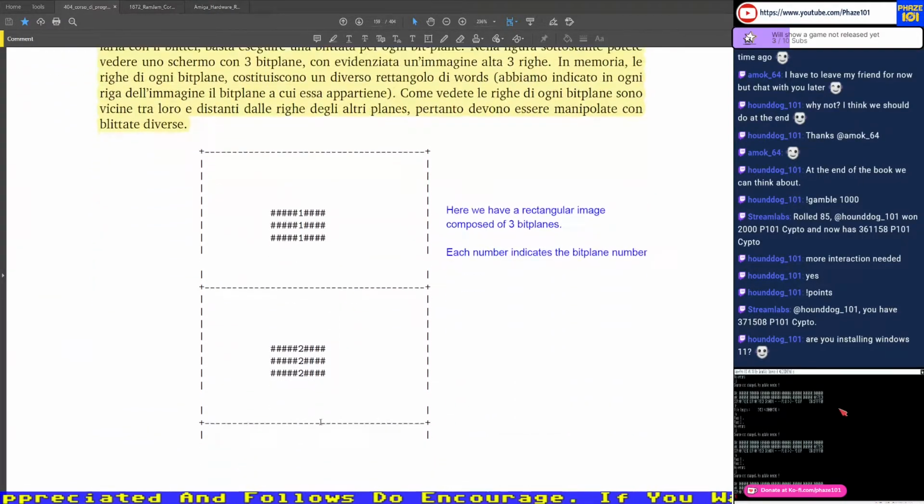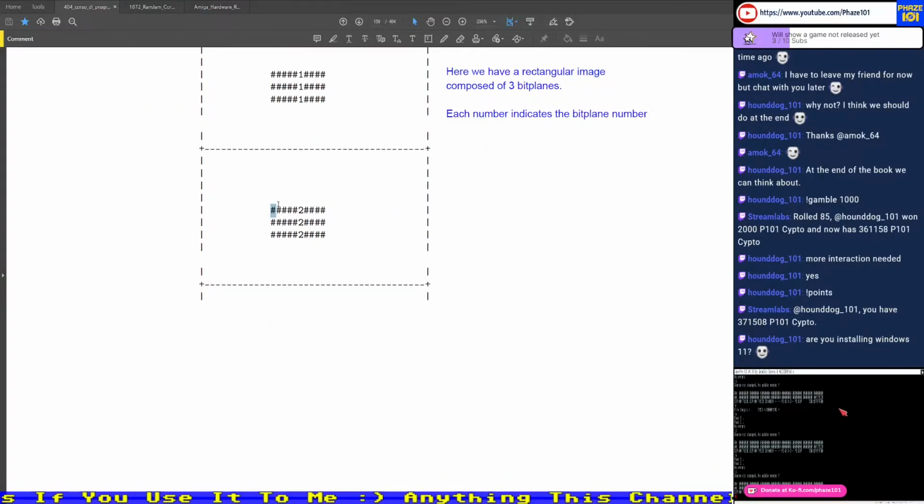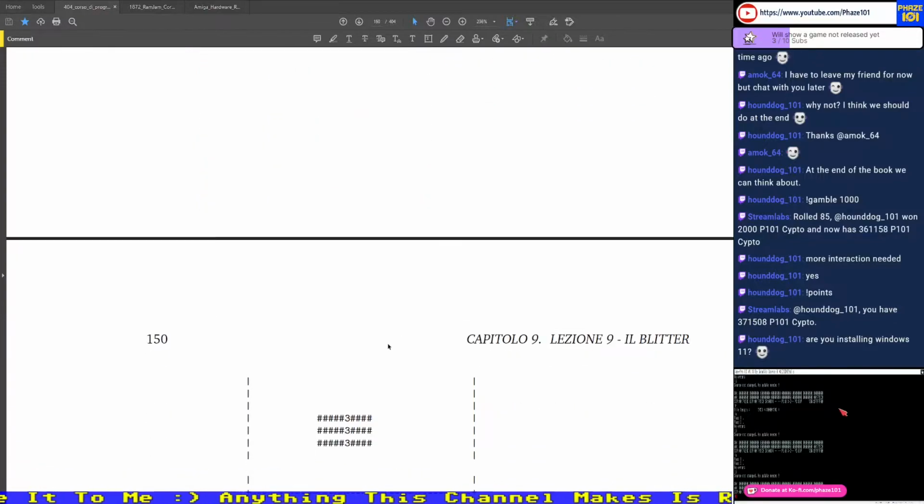So he then continues and he shows this. If we have an image of 3 bit planes and the image starts here, you can see that this is the first bit plane where the image is, and it has these 3 lines. Then this address plus the size of the bit plane is this one here, and the same thing plus the size of the bit plane is this one here.